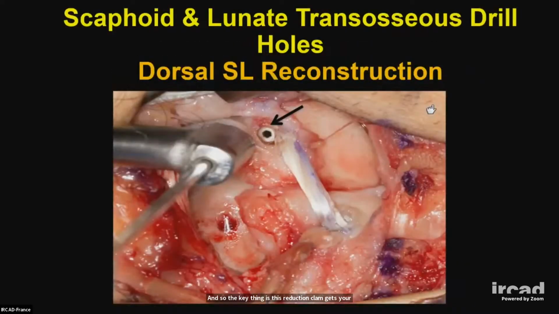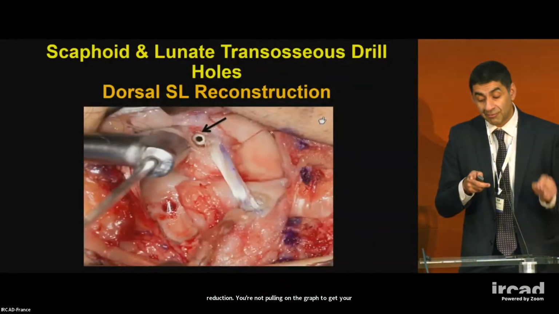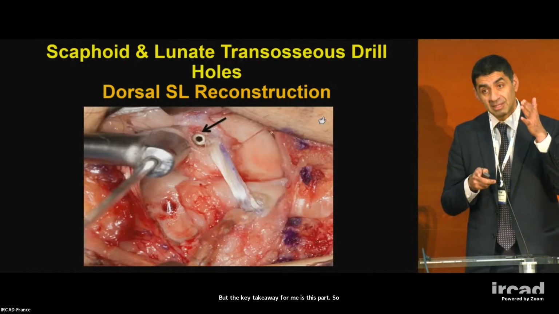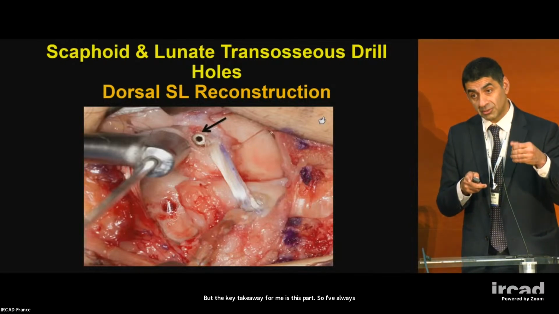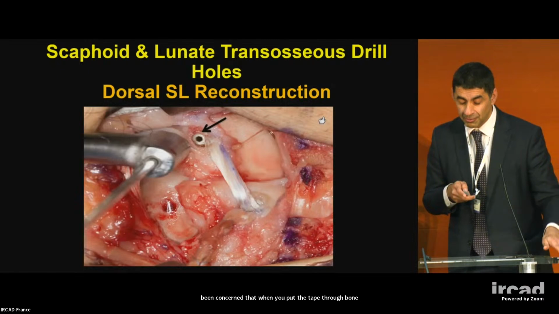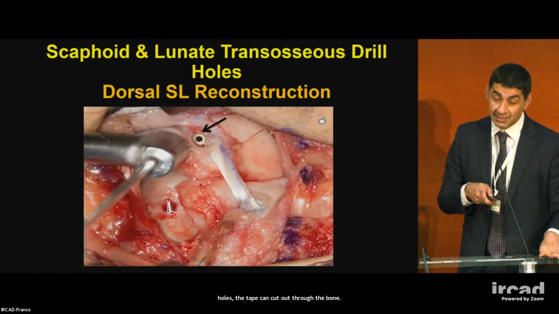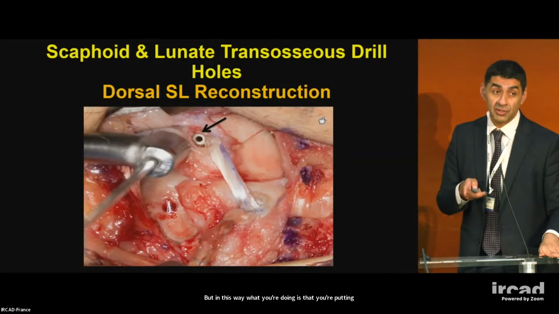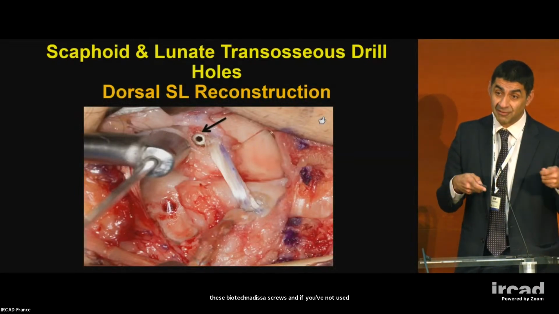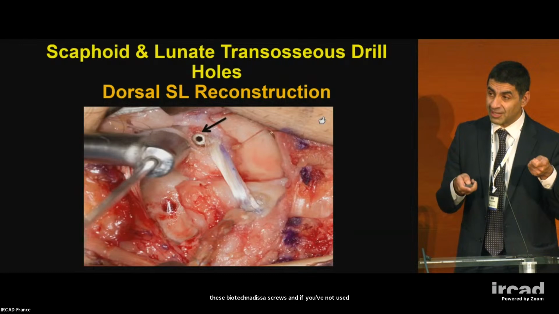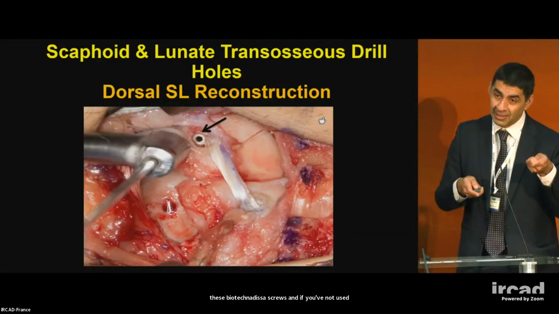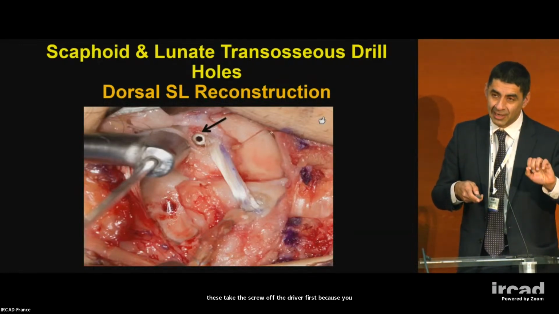But the key takeaway for me is this part. So I've always been concerned that when you put the tape through bone holes, the tape can cut out through the bone. But in this way, what you're doing is putting these biotenodesis screws, and if you've not used these, take the screw off the driver first, because you may have seen in the lab, they're like cold welded on, and you put it in and sometimes you'll hear a crack.